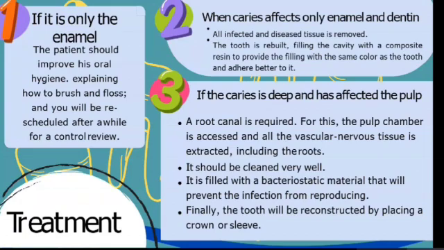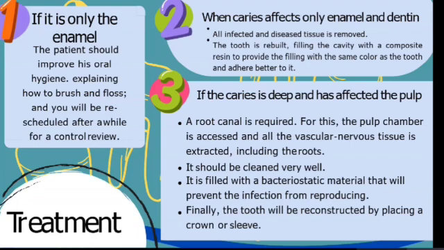Second, when the caries affects only enamel and dentin, first, all infected and diseased tissue is removed. The tooth is rebuilt, filling the cavity with a composite resin to provide the filling with the same color as the tooth. Third, if the caries is deep and has affected the pulp, a root canal is required.